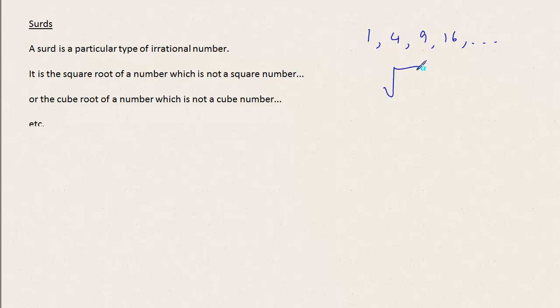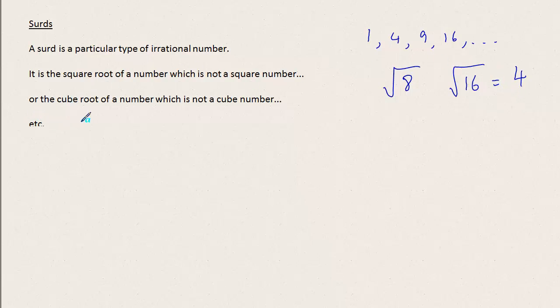So if we take the square root of one that isn't a square number, such as 8, then this would be a surd, and it's an irrational number. It can't be expressed as a fraction. But if we take the square root of 16, which we know is a square number, that is a whole number, and we know that a whole number is a type of rational number.